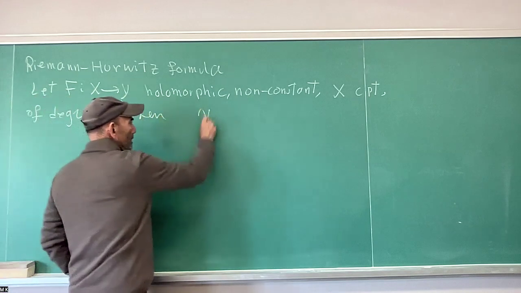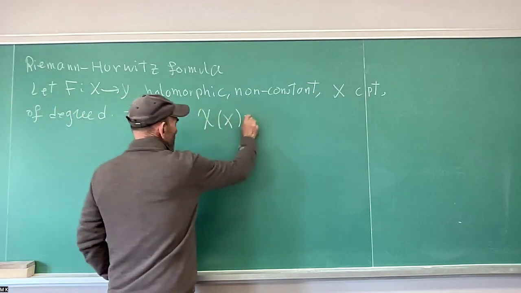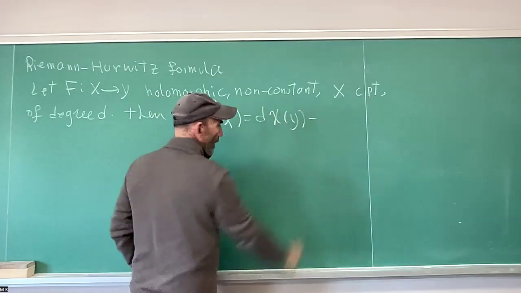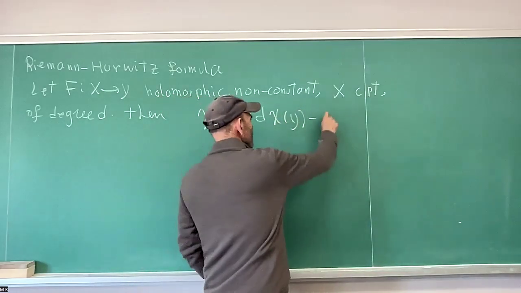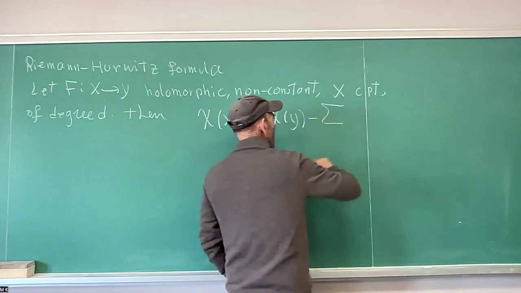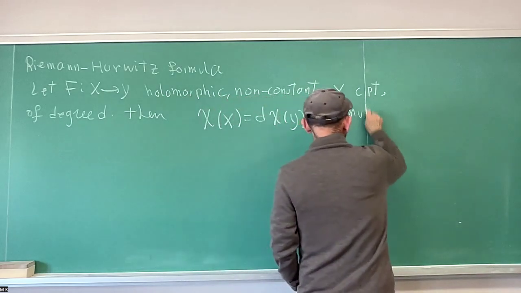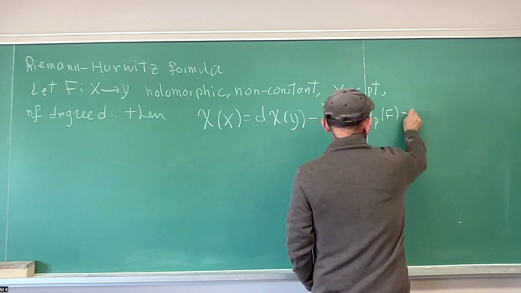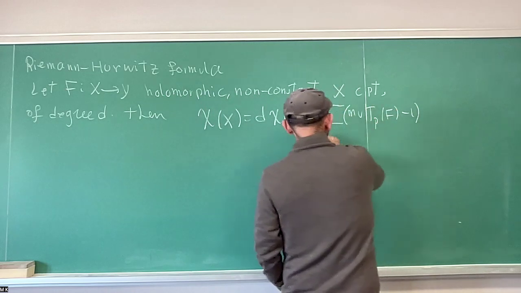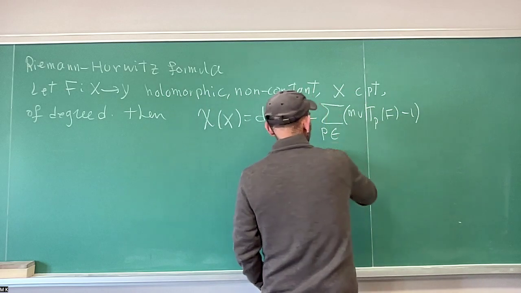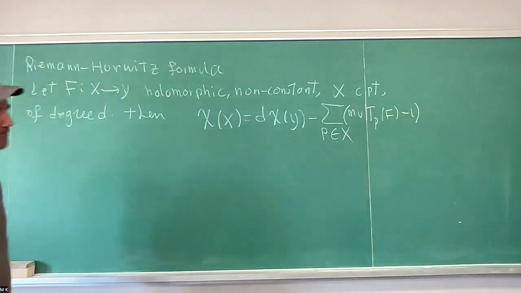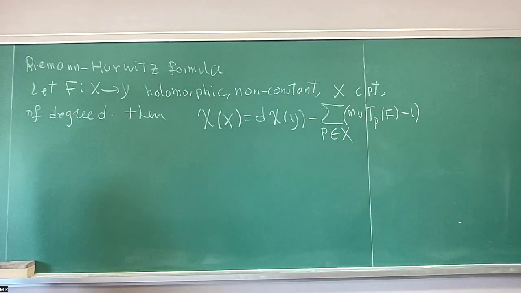Chi of X is equal to D times chi of Y minus the sum of the multiplicities of f at P minus 1, where P belongs to X. So there should be a negative.